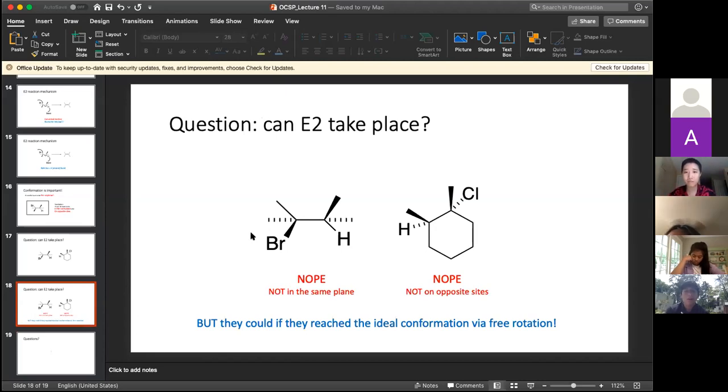So, how could we change the molecule to make the H and Cl be on opposite sides? That is a very good question. So what's going to happen is that you would have the Cl and this methyl group switch position. Therefore, if they do a rotation, your Cl is going to be in the front and that methyl is going to be in the back.